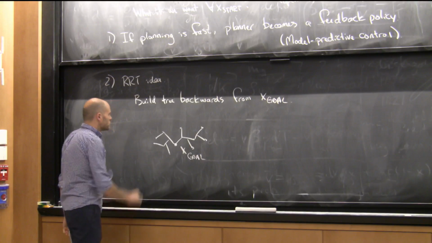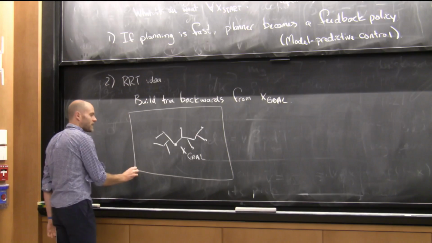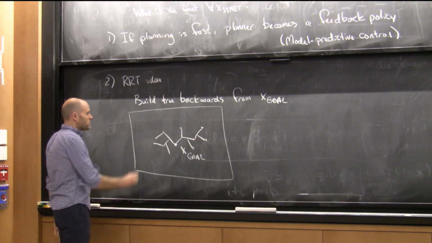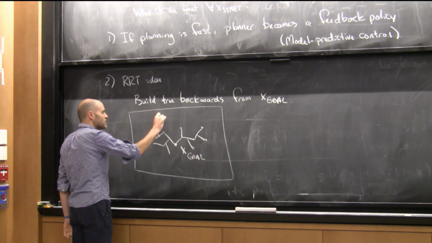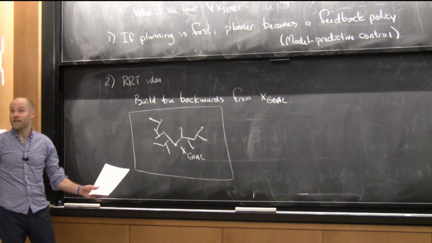Okay? So if there's some finite set of initial conditions that I care about, then maybe if I've somehow covered this space sufficiently, I've got something that looks like a feedback controller.